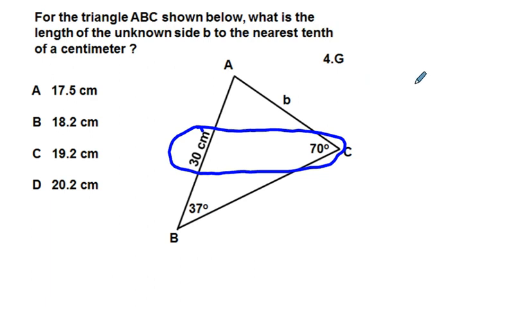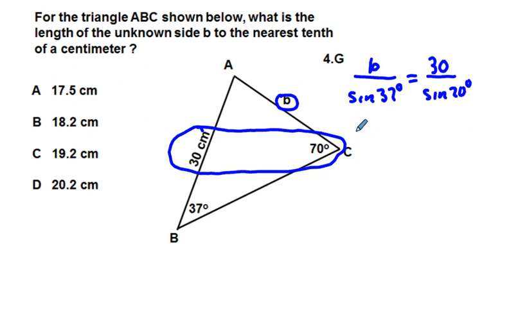So this governing ratio of 30 over sine of 70-degree angle is equal to our unknown side b over the sine of the angle opposite b, which is 37 degrees.